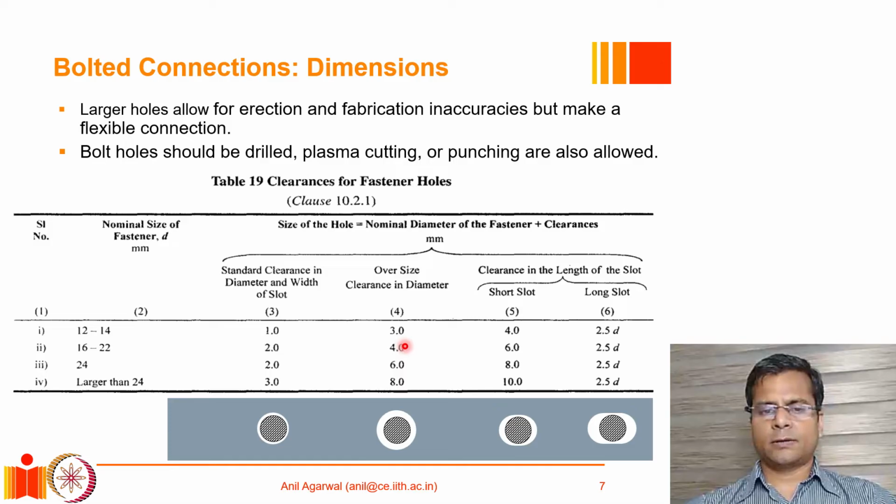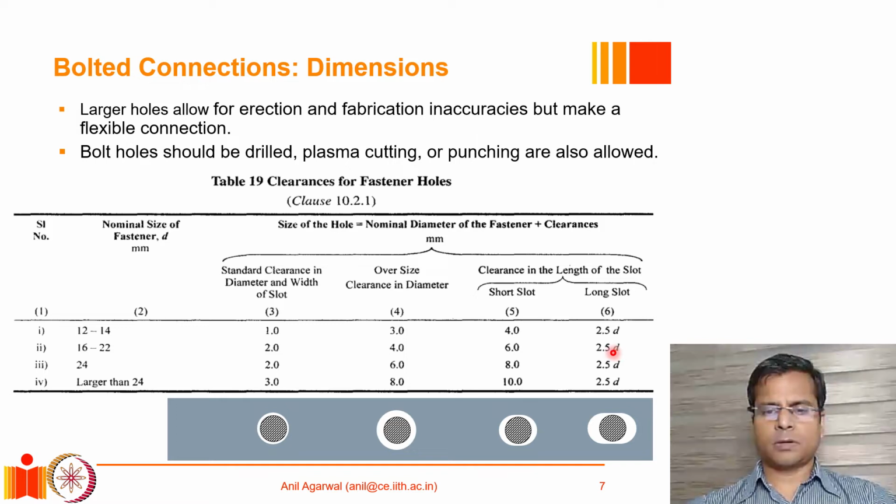However, these kind of holes will lead to flexible bolted connections. Then there is an option of going with slotted holes. So there are two options. One is a short slot, the other one is a long slot, and of course they are less and less preferable, but sometimes we may not have any other option but to provide these kind of arrangements.